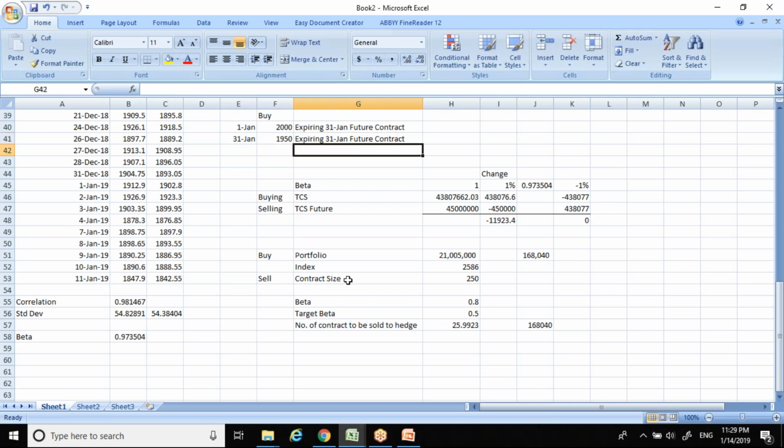Now, on 31st January, you were hopeful that in the coming 5 days or 10-15 days, the price will increase and whatever losses you are currently incurring may be recovered. So you want to roll over your contract. So on 31st January, you decide to roll over.